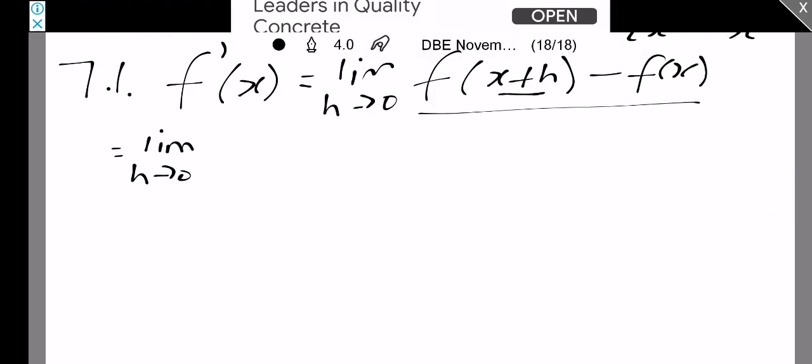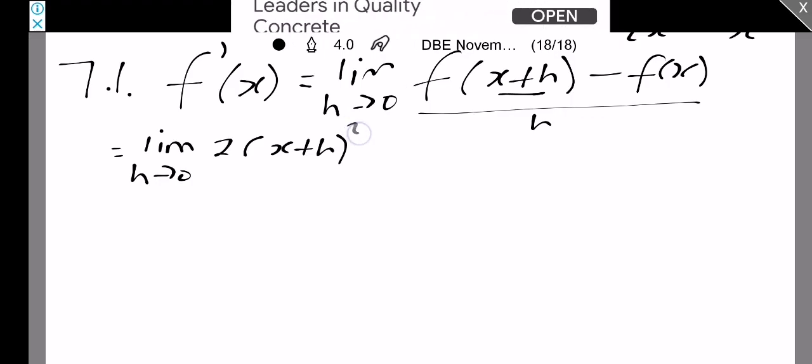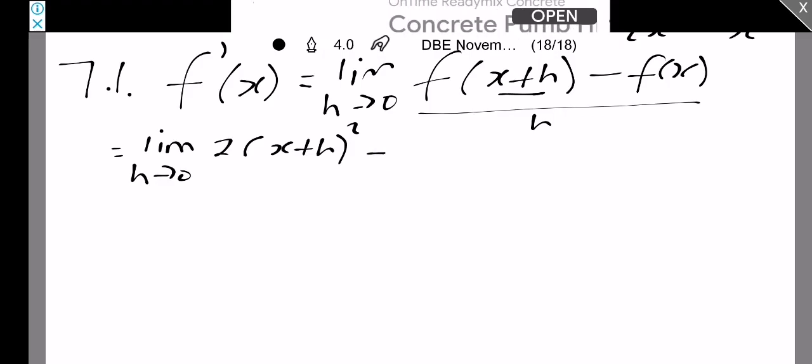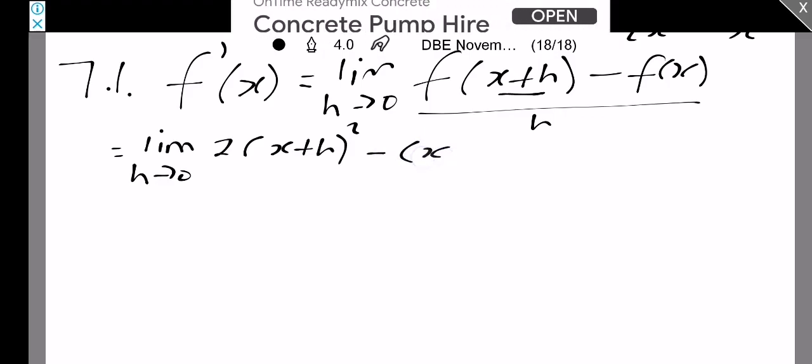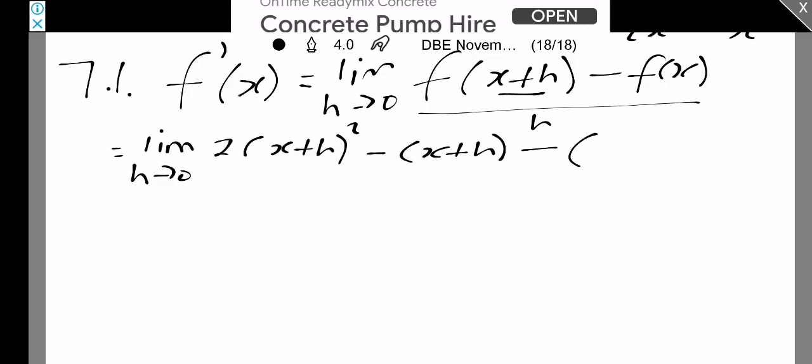So it's equal to the limit when h approaches 0. We are going to substitute x plus h. It is 2 into x plus h, squared, minus x plus h, then minus f of x into brackets. There's a minus sign. Remember, before I didn't put in the brackets. Be careful.